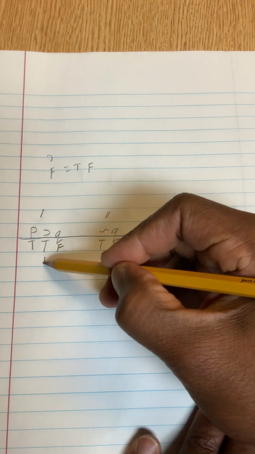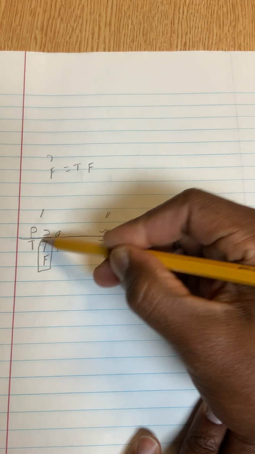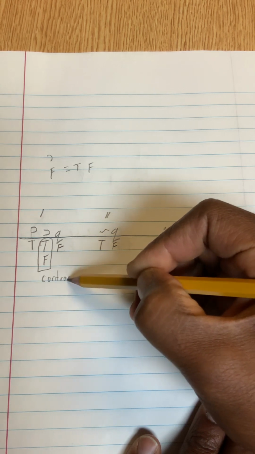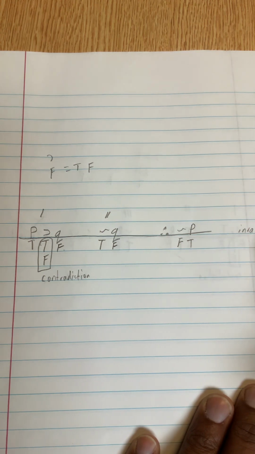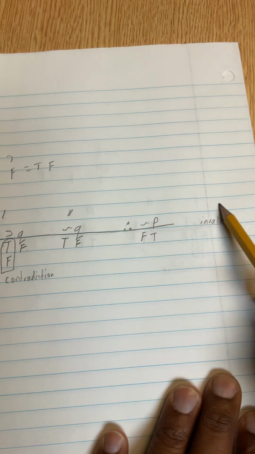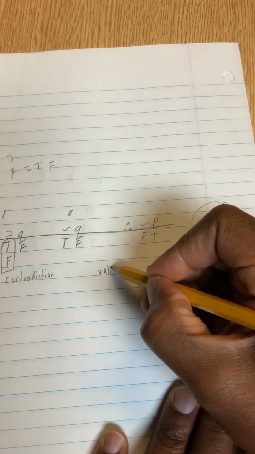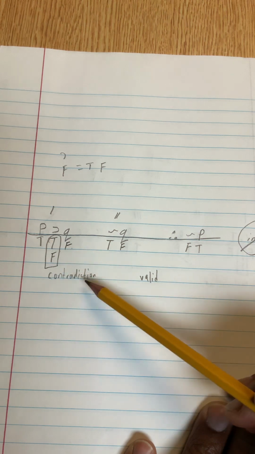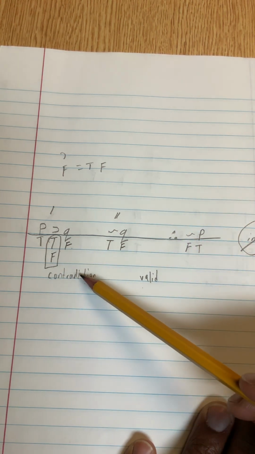That's a problem because it should be a false, not a true. This is a contradiction. So my assumption earlier that it was invalid, I was wrong. This is actually a valid statement. Your answers should look like this, and this, if it's a contradiction.